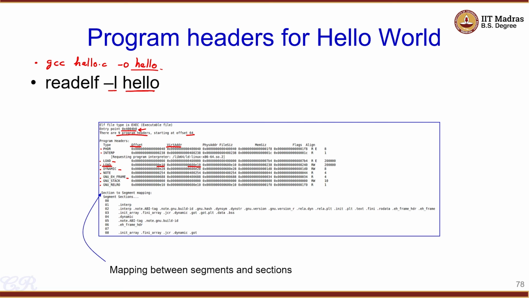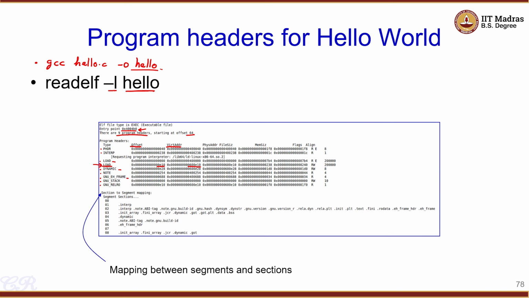So let's say that this particular segment comprises code or data that is used by the program, right? When the operating system wants to load this program, it would look into the program header. It would see that, hey, there is a segment that needs to be loaded. This segment is present at an offset E10 within the hello.file.